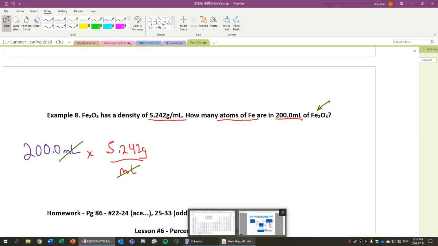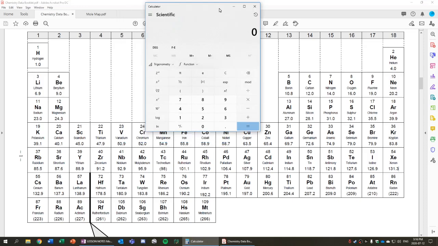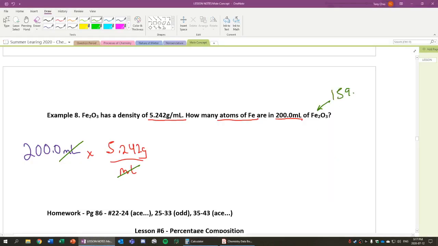So we have 2 Fe's: 55.8 times 2, plus 3 oxygens, 3 times 16, is equal to 159.6, the molar mass. 159.6 grams per mole. So now I can multiply by 1 mole over 159.6 grams. In this case, my grams will cancel out.